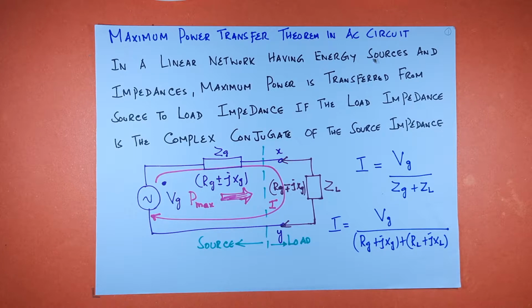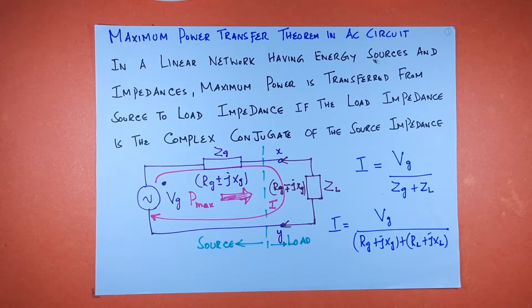According to the maximum power transfer theorem in AC circuit, maximum power is transferred from source to load when the load impedance is the complex conjugate of the source impedance. That means this should be Rg minus or plus jXg.